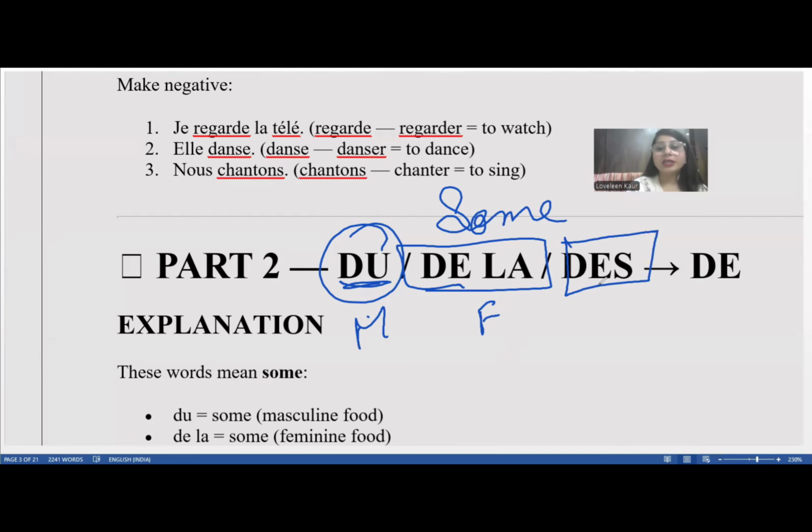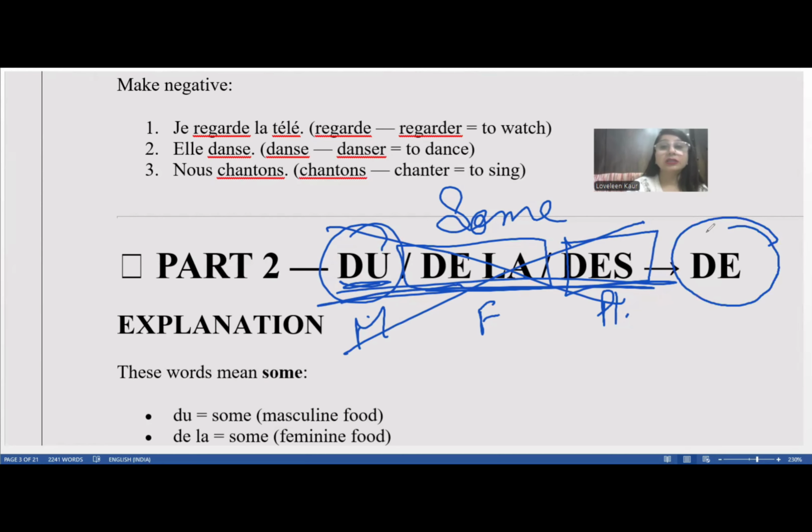Or if des is given, we use it with the plural. So whenever these partitive articles are given in a positive sentence, and we convert that positive sentence into a negative one, of course we use ne pas around the verb. But if a partitive article is given, then we'll change the partitive article into de.